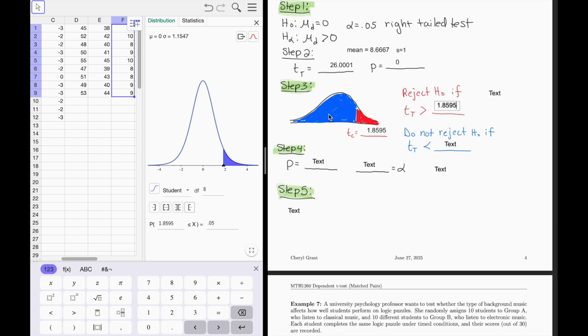That falls in this blue area to the left of the critical value. So when we look at our test statistic, it is really large compared to our critical value. It's way bigger than the 1.8595. So we're going to say, for step 3, reject H0.